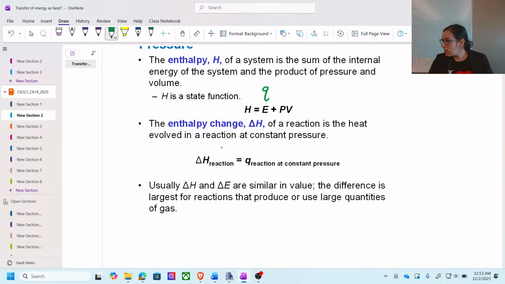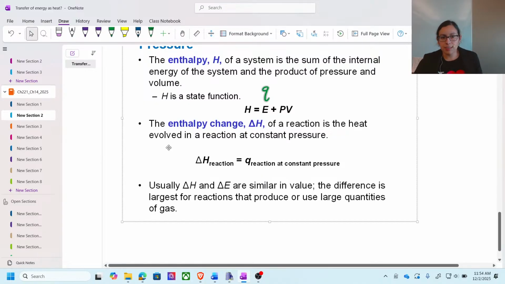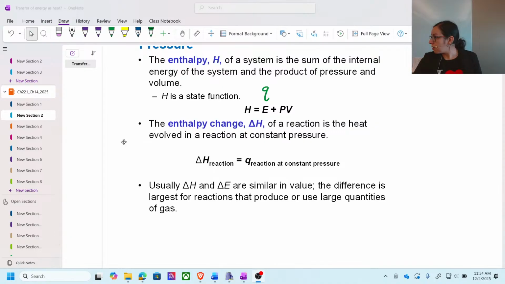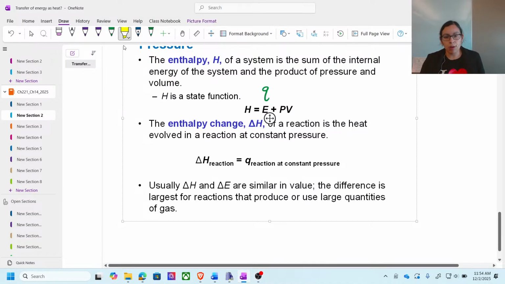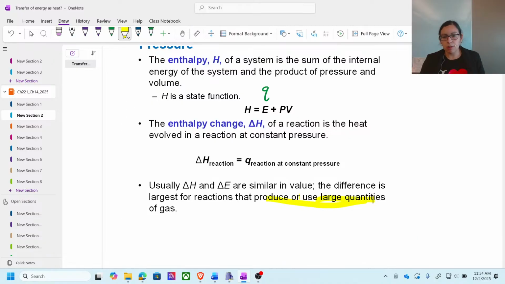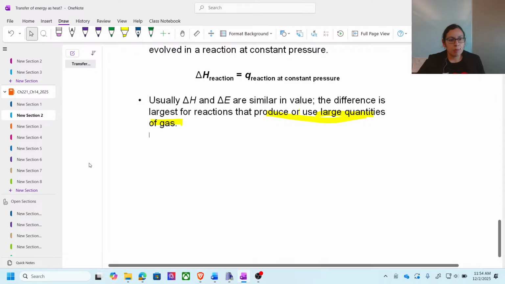But many of the situations that we look at, we're not doing pressure volume expansion, so our change in enthalpy will mainly be focused on Q. But we will look at a few changes where this is not the same. You would only get a difference when you produce or use large quantities of gas. But like I said, we will have a practice problem for that.